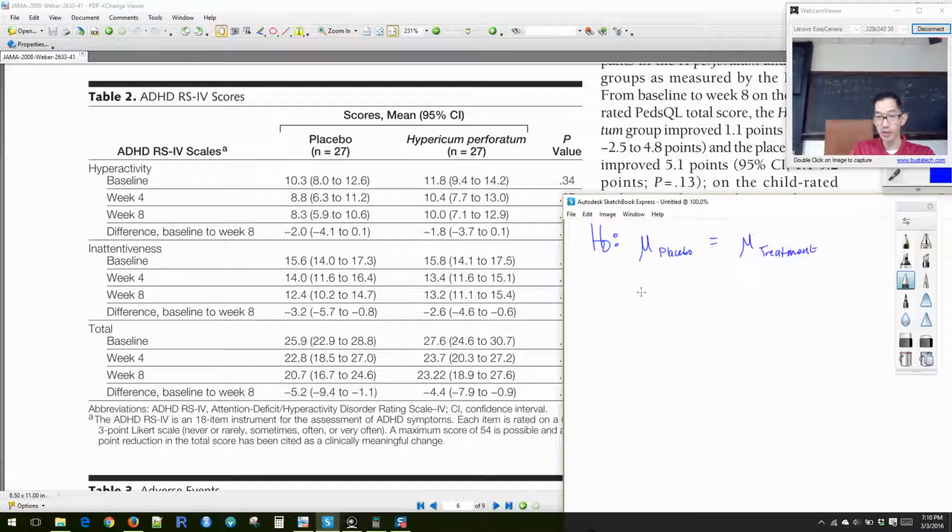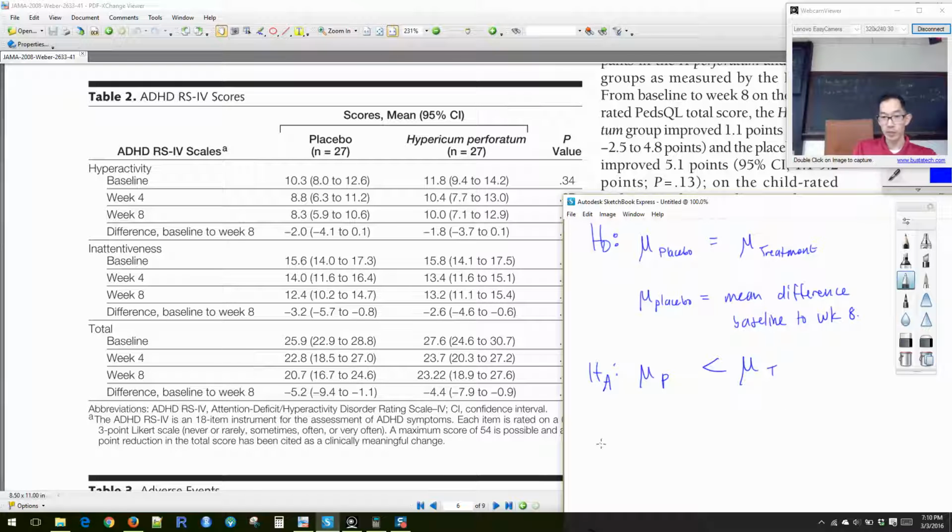And the mean for placebo is basically the mean difference from baseline to week 8, right? And then the alternative, because we're expecting treatment to be more effective, we would expect the mean for placebo to be less than the mean for treatment, okay?